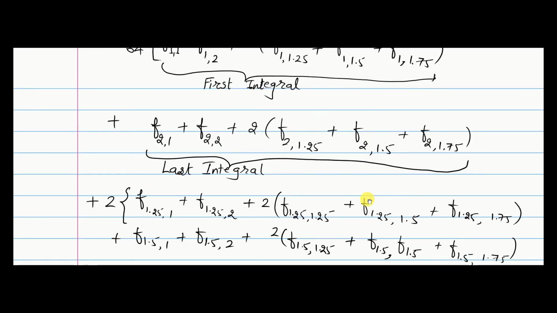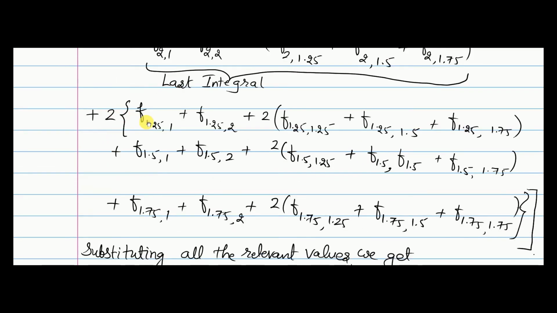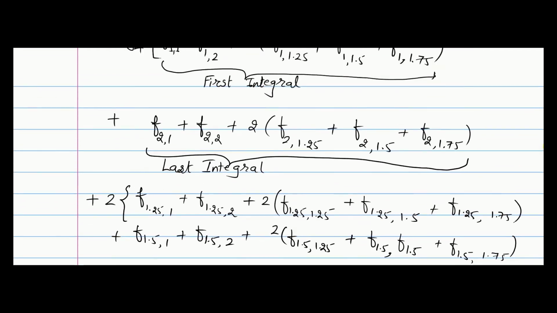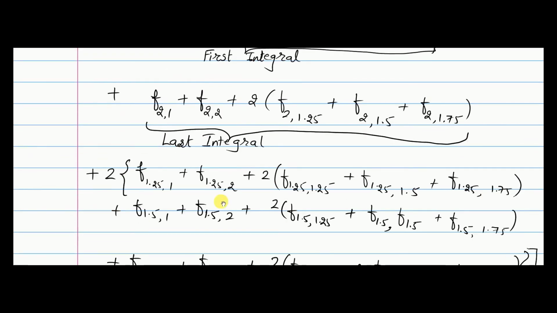And for the remaining integrals, you have to make it a twice entry. Okay, so 2 times. Now in between, just see here, it will be very easy for you. We have considered the extreme points (1,1), (1,2), (2,1), (2,2). Okay, so what about the next one? That will be 1.25 obviously.